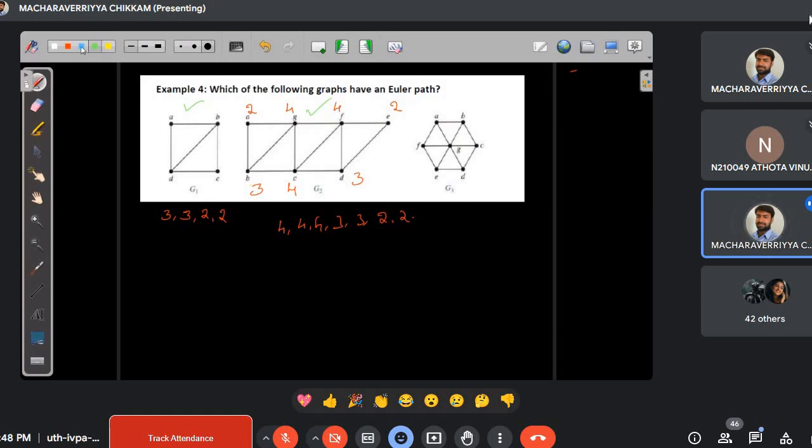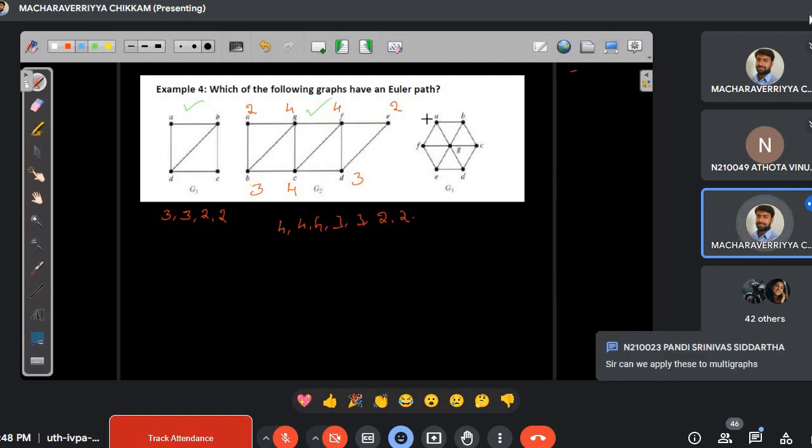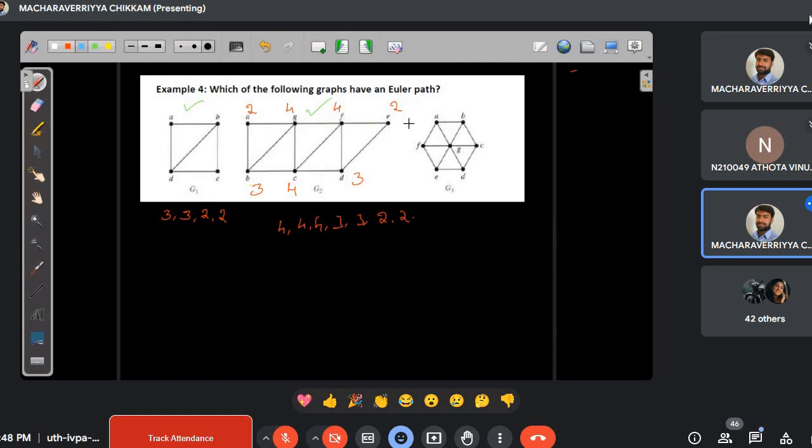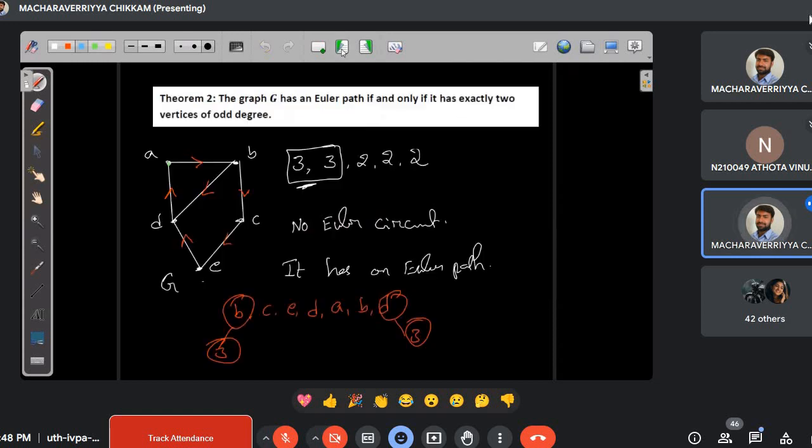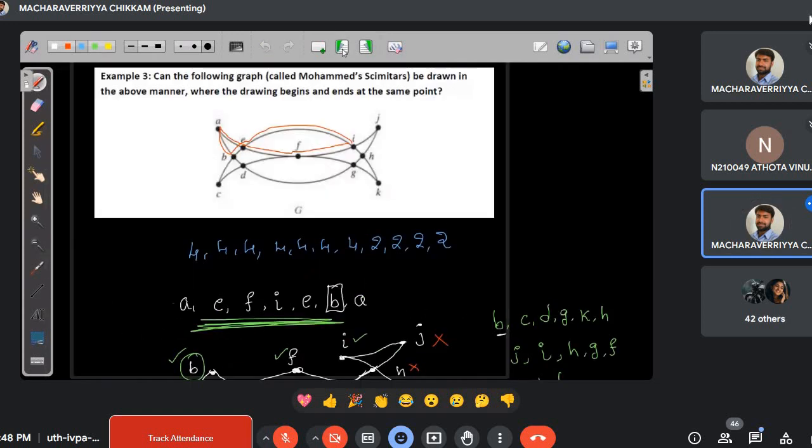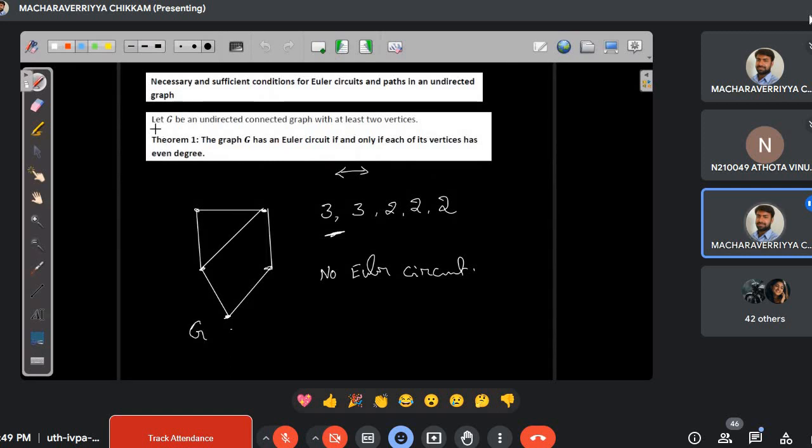Next, let me think about the next problem. So how about this? Can we apply these to multigraphs? What is the statement of the theorem? Here the hypothesis is: G be an undirected connected graph with at least two vertices.